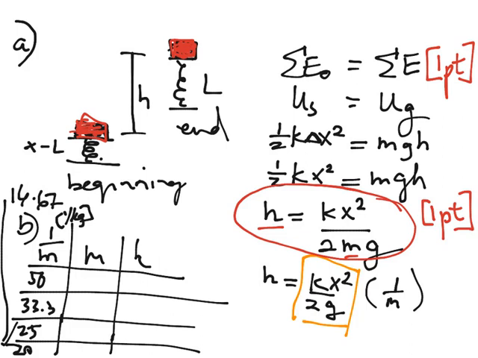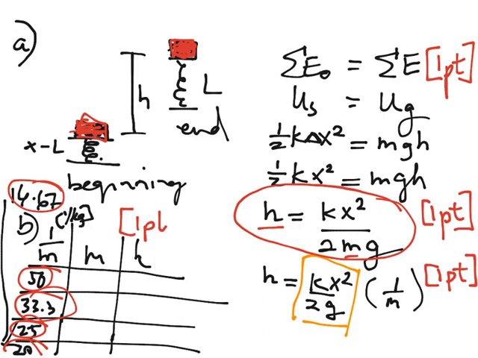In part B, if you realized that you should use 1 over m, give yourself 1 point. And then if you successfully calculated these values for 1 over m, so 50, 33.3, 25, 20, and 16.67, give yourself 1 more point.